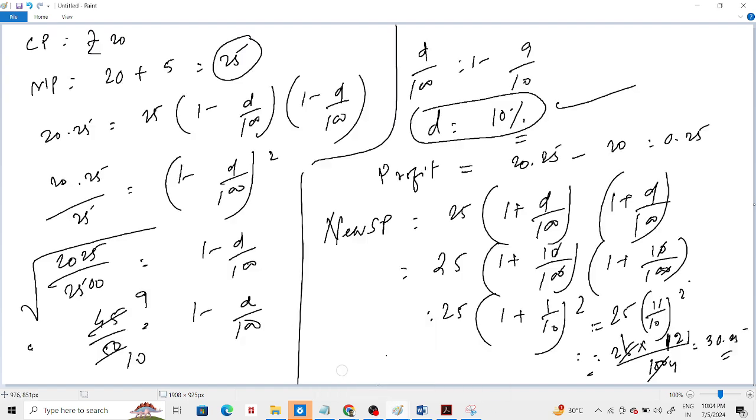So 30.25. So one we have is 30.25 and the other we have is 0.25.